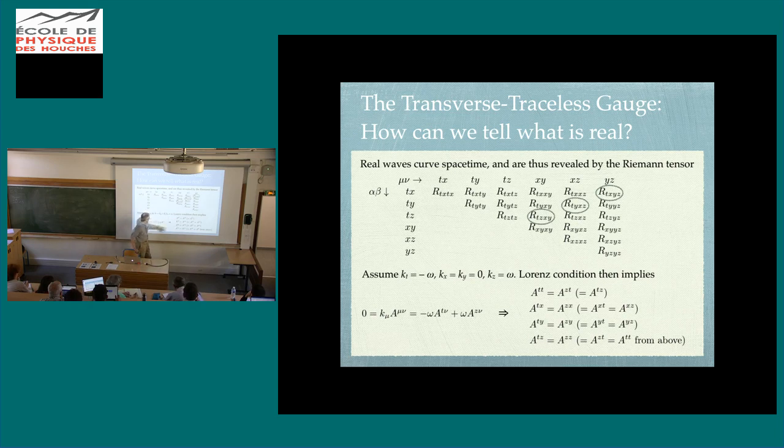So in particular, if I evaluate this for nu equals t, then I get that minus omega A_tt plus omega A_zt is equal to 0, meaning that those two things have to be equal to each other to satisfy the Lorentz condition. And if I evaluate that for nu equals x, nu equals y and nu equals z, I get more conditions. And then the symmetry implies that there are other relationships between them.